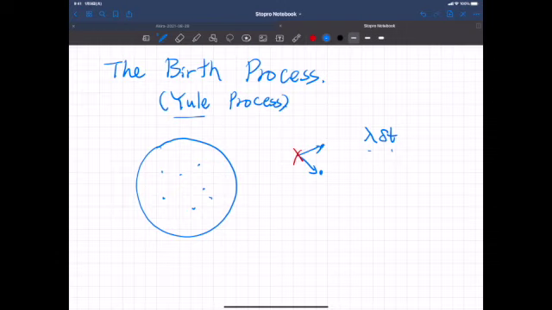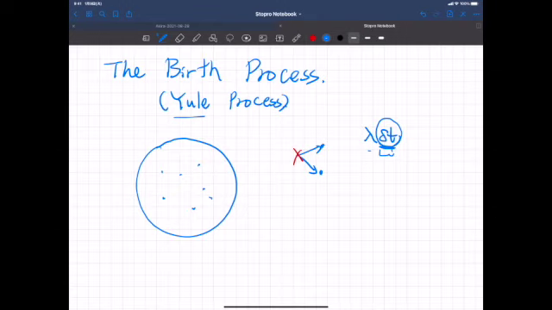We take this delta t to be very small, so that within this duration at most one bacterium can split into two. No two bacteria divide at the same time within this amount of time, or at least this probability should be negligible.